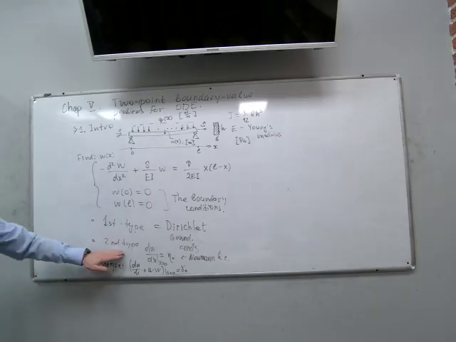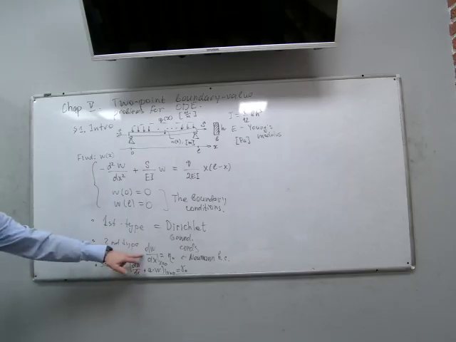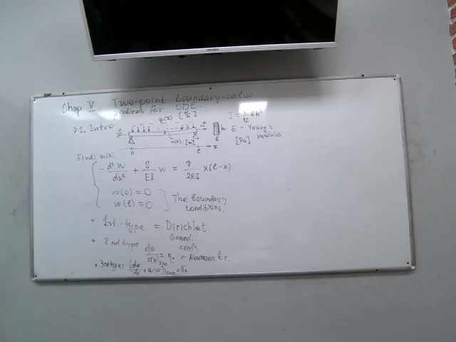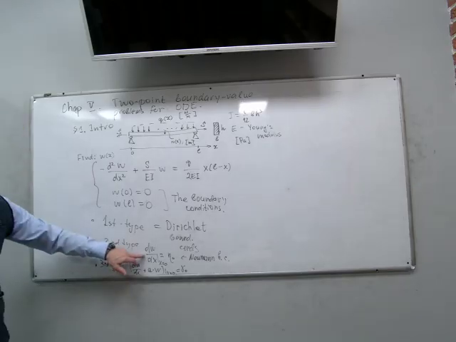If you want to impose this condition on both ends, what does it actually mean? In mechanics, they prove that the derivative of the deflection is the rotation moment. This is the physical meaning of this quantity.